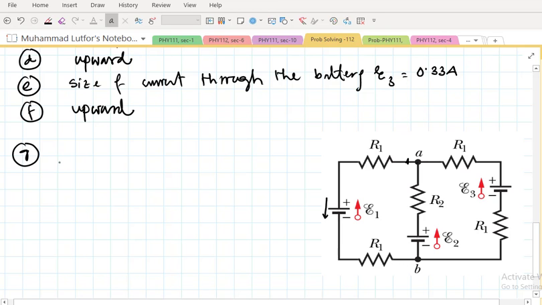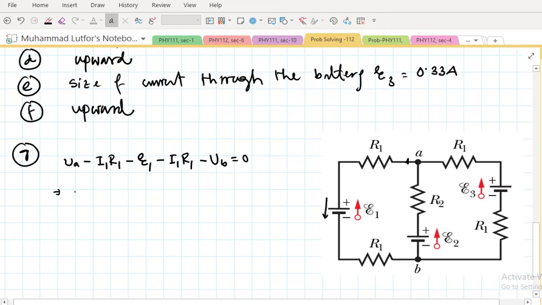I'll use KVL here. Starting from VA, minus I1 R1, which is the voltage drop across this resistor R1, minus E1, the voltage drop across the battery E1, minus I1 R1, the voltage drop across this resistor R1, minus VB equals 0.